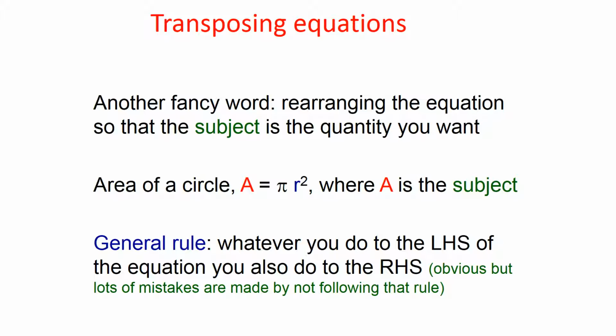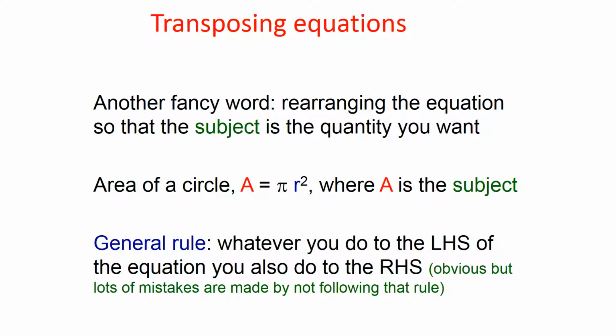So in this case, you might divide both sides by pi to get A divided by pi, with r squared on its own. Then you would have r squared equals A over pi, and you take the square root of both sides. That would leave you with just r on one side, and the square root of A over pi on the other side.